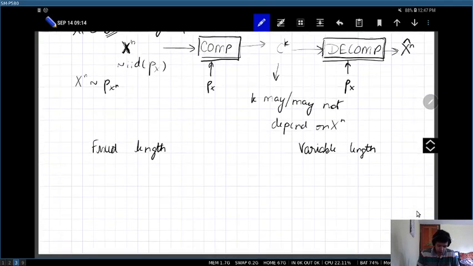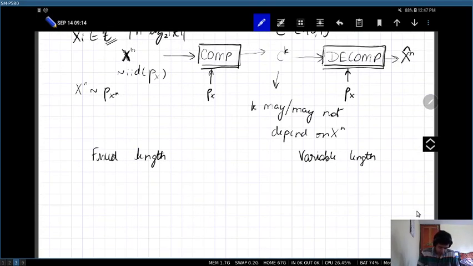So in fixed length source coding, k is fixed, and we define the so-called rate of the compression scheme to be equal to k over n. Since k is fixed, k over n is a fixed constant for a given set of parameters p_X, script X, and n.